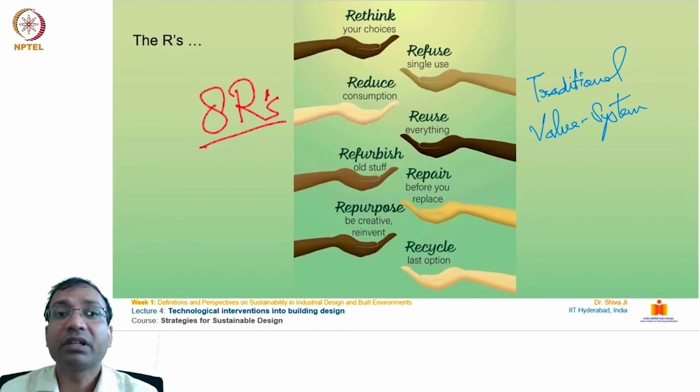Even if we need something, if we cannot fulfill our requirements otherwise, we can at least minimize the quantum of it. Further, reusing: we can fulfill our needs by reusing the products which we bought previously, or have at home.